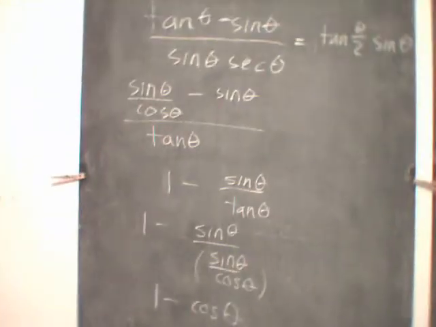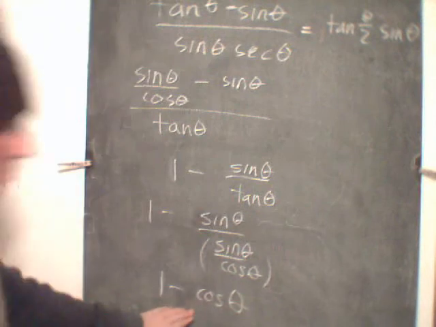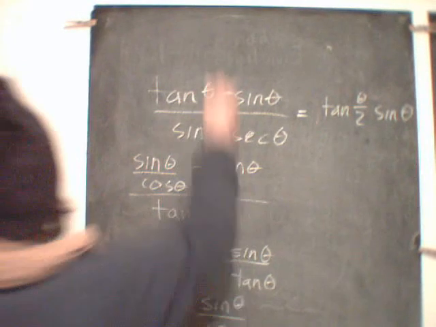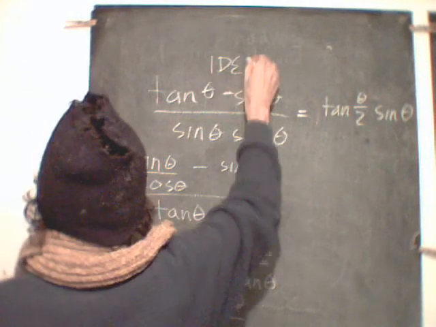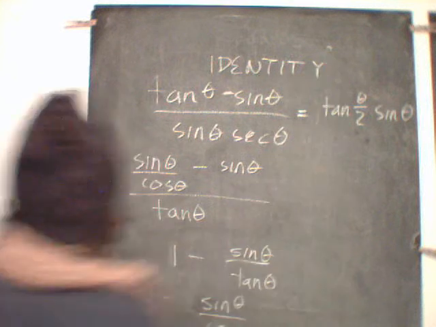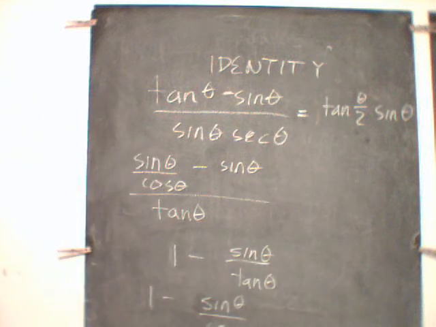Now, can we get the other side? Can we work this side to be equal to that thing? That's the question. It's kind of like a game. They're saying that this is an identity, and we need to prove that it is an identity, that it is true.